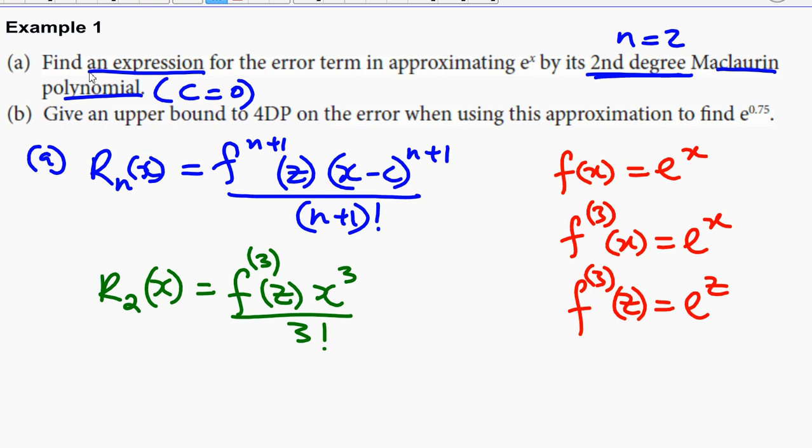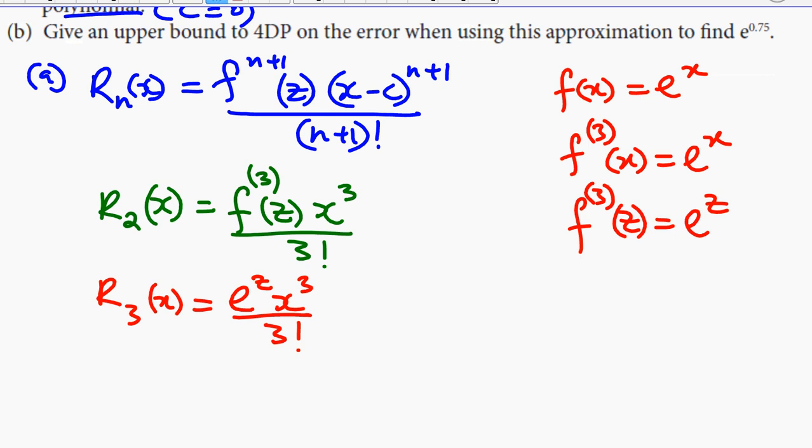So our expression will be R2(x) equal to e to power z times x cubed over 3 factorial. So e to power z x to power 3 over 3 factorial. All right, let's carry on.